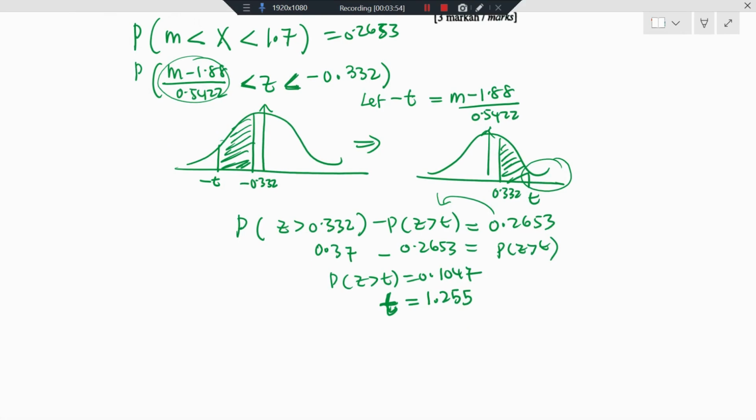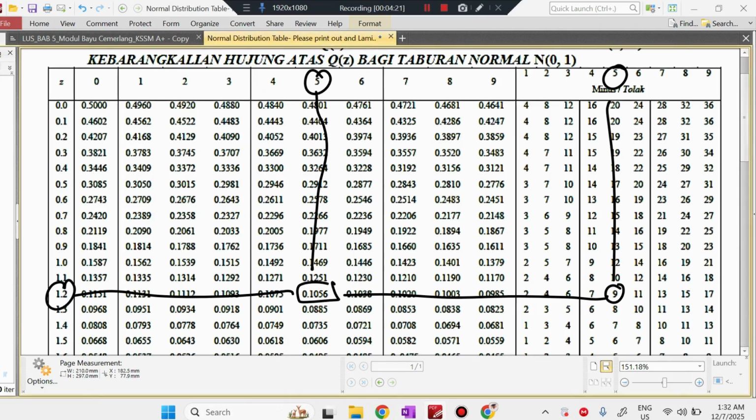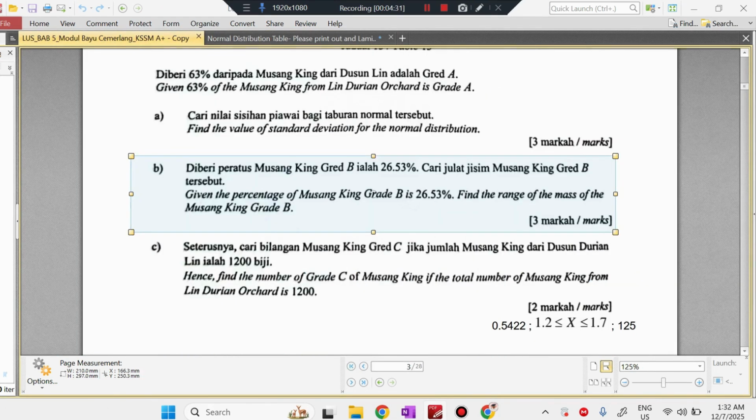So now, what is your m? Just now you let negative t, so negative 1.255 multiply by 0.5422 plus 1.88. I do one shot. What is your m? What is my answer here? 1.2 only, but not tally.